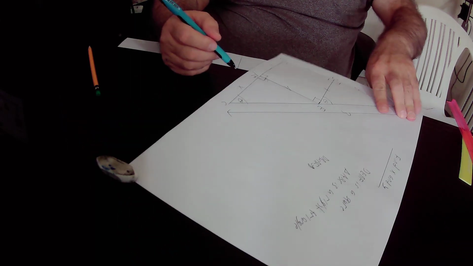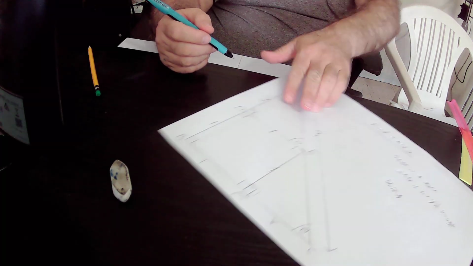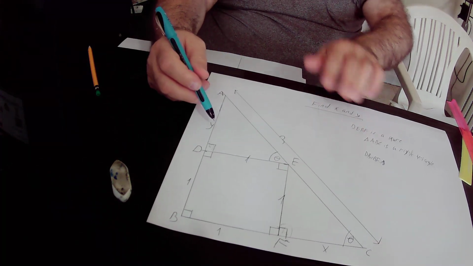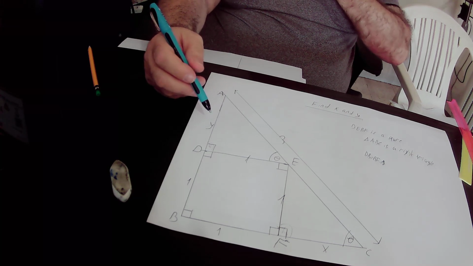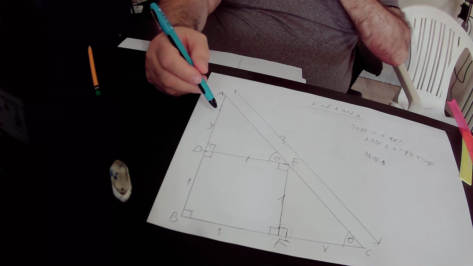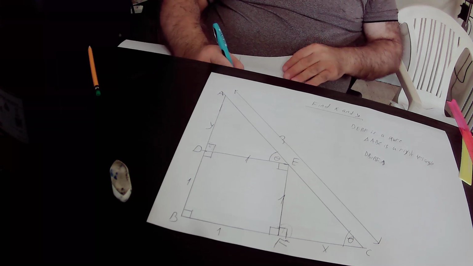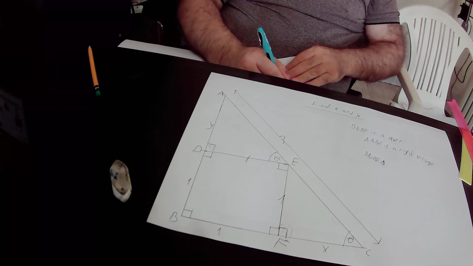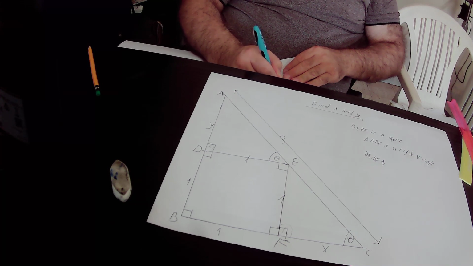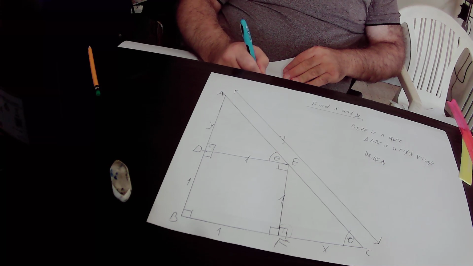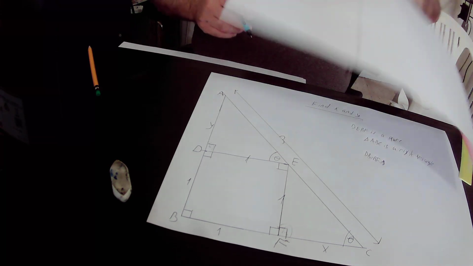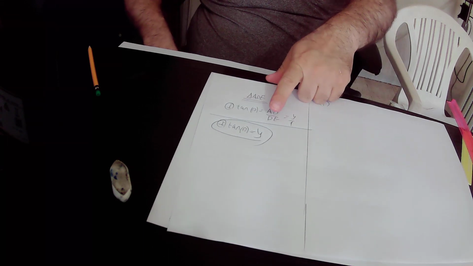So tangent alpha in triangle ADE, which equals AD over DE, equals AD, that is Y, over DE, that is 1. In conclusion, we found out that tangent alpha, according to equation number 1, in triangle ADE equals Y. Tangent theta equals Y.